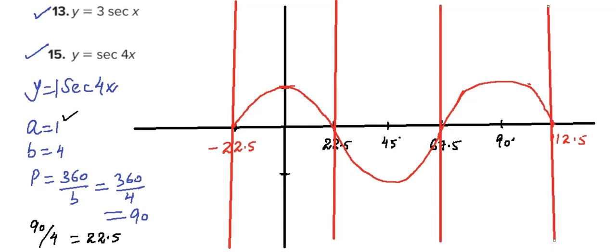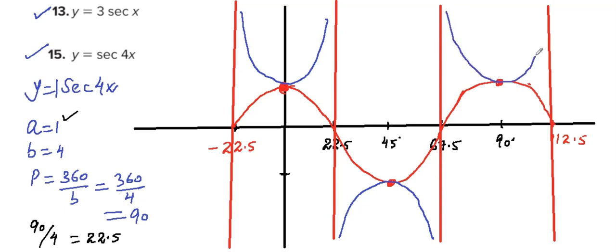Now you know how to draw the parabolas. One point is here, one point is here, one point you can take here. So draw the parabolas now. There is an upward parabola here, a downward parabola here, and again we have an upward parabola. So I just want to show you these points.